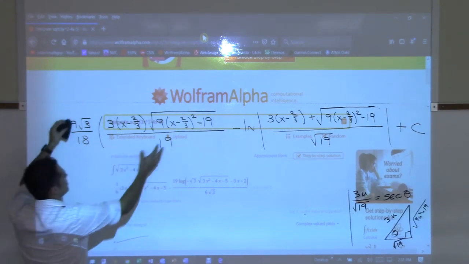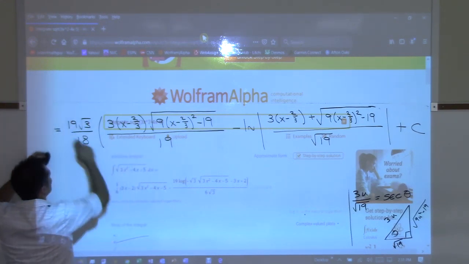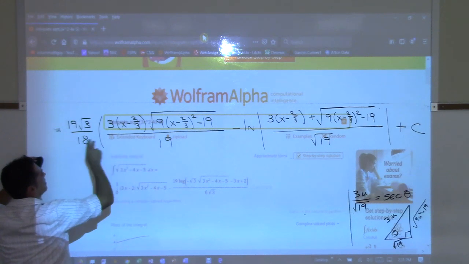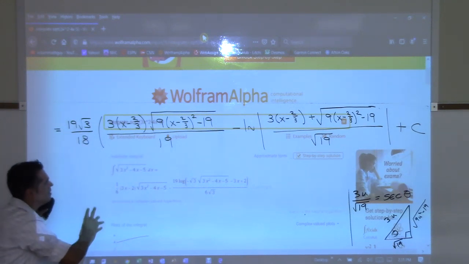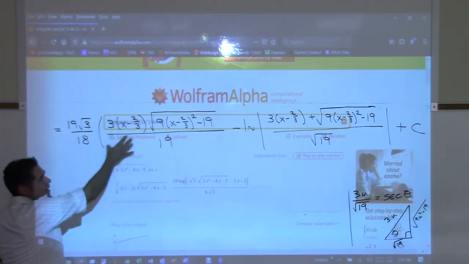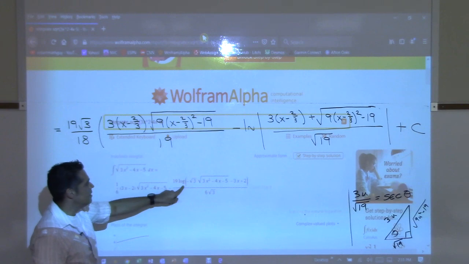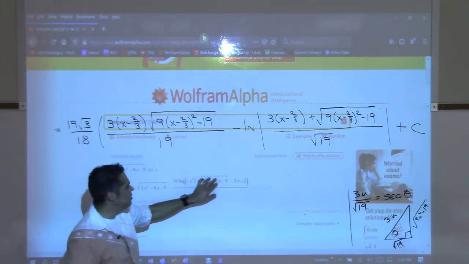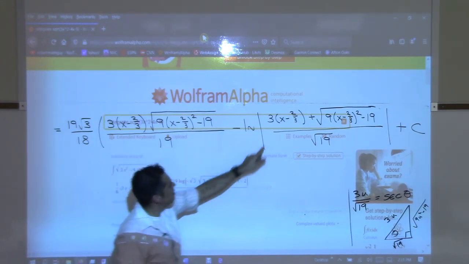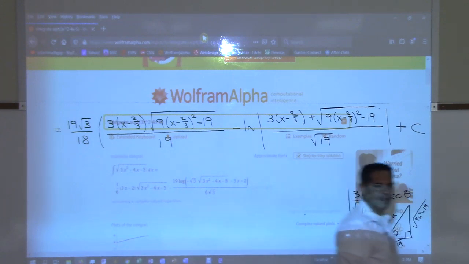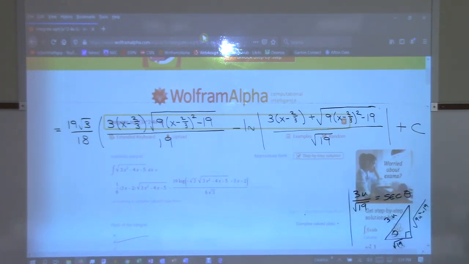Yeah, it was. The 19s are gone and some things should happen. I think that matches up pretty good with what we have out front here. And then we have minus, and then a log, and the log has the root and this piece here. So I feel good that we're there. It would be an algebra exercise to show that those two are equivalent.